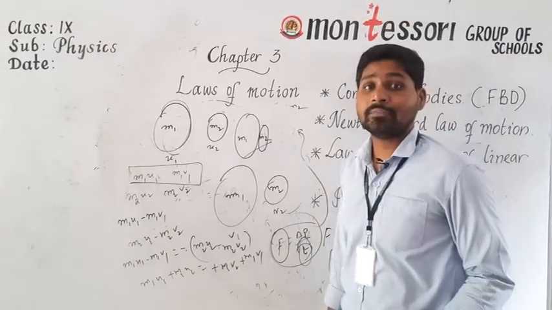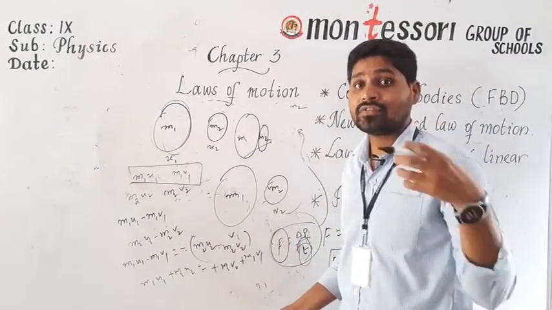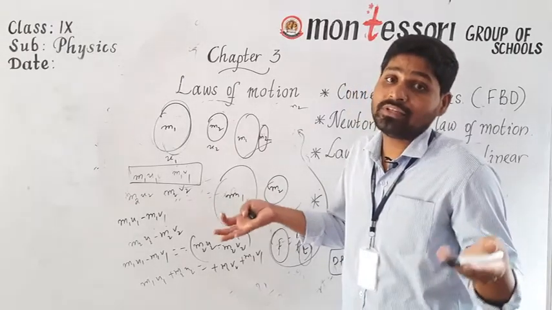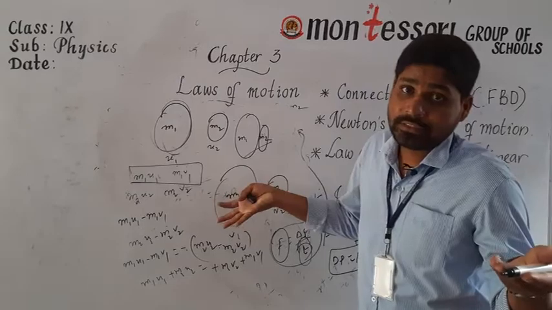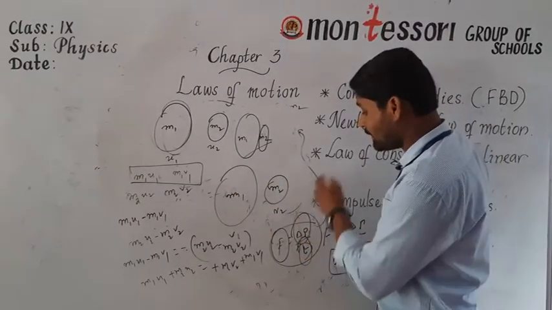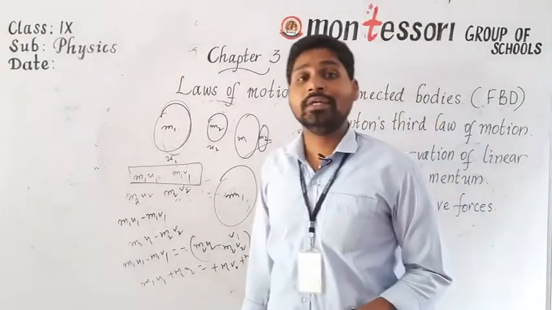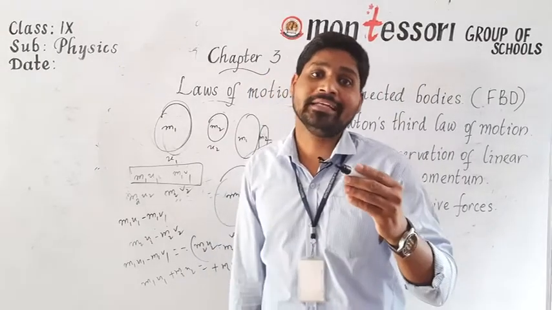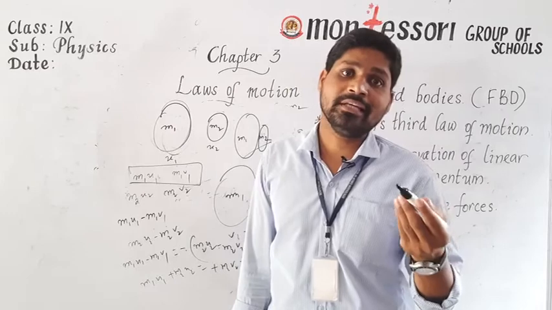If time is less, it strikes the ground with more force, so the change in momentum is more. Is it clear? So the rate of change of momentum depends not only on time, it depends on force also. Force and time.